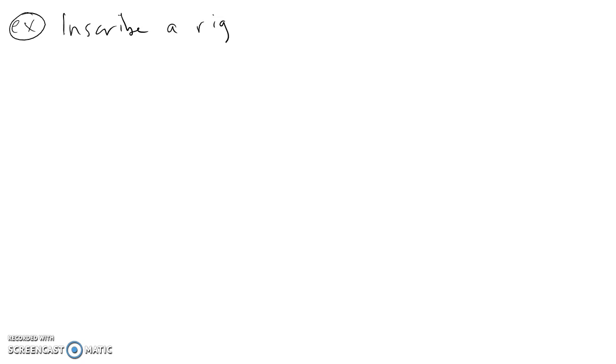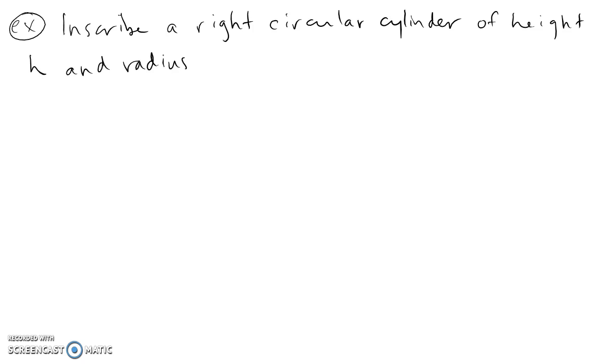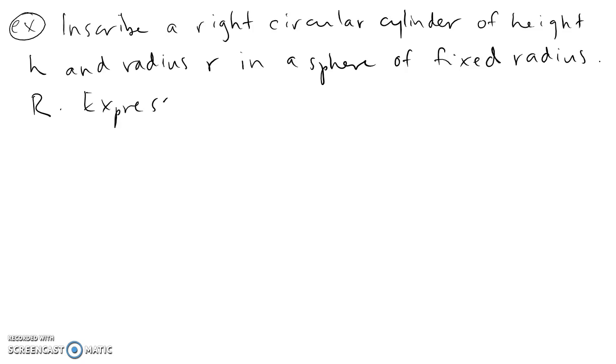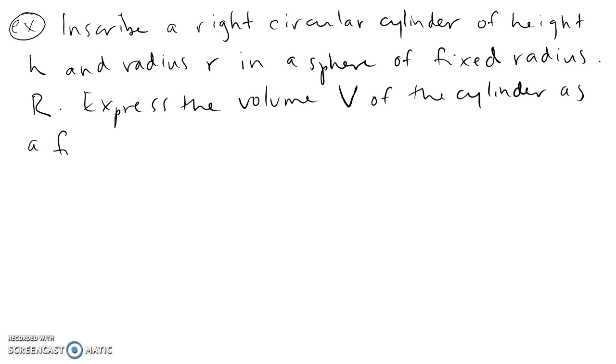Inscribe, which means to draw inside, a right circular cylinder of height h and radius r in a sphere of a fixed radius R. Express the volume V of the cylinder as a function of h.